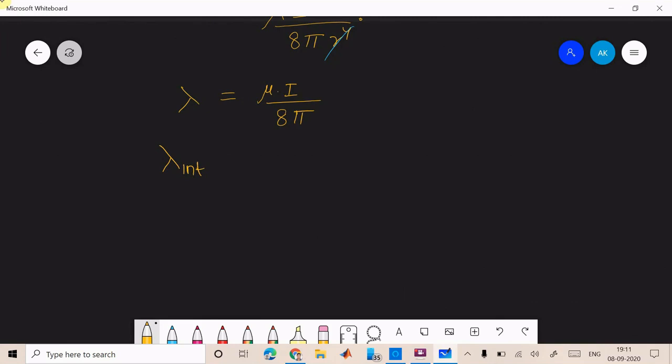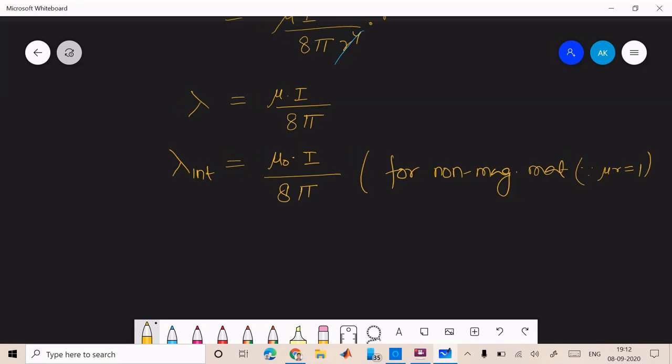So mu is equal to mu naught mu r. If your material is non-magnetic, mu r will be 1, so you can write mu naught I over 8 pi for non-magnetic material.